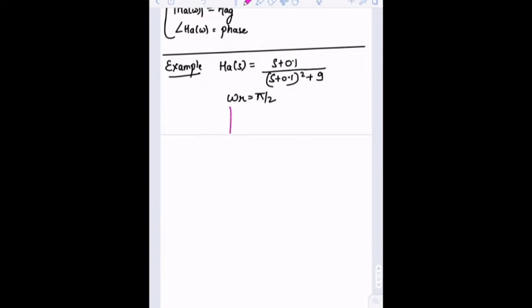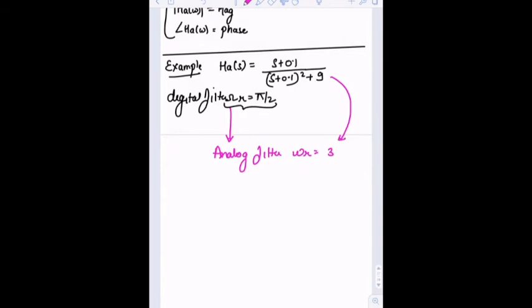So we can see that we need a digital filter with omega r equal to pi by 2. Now in the analog filter, omega r is equal to 3.